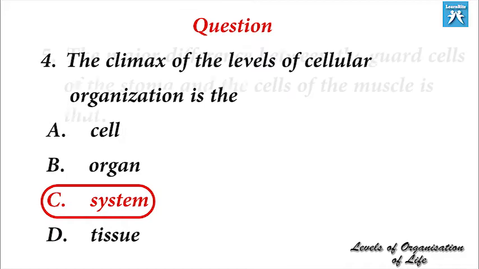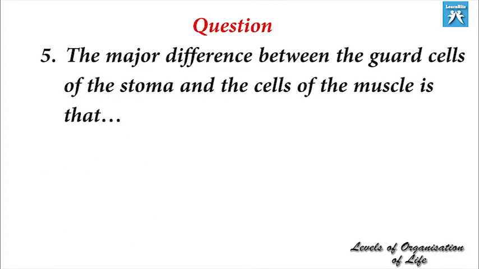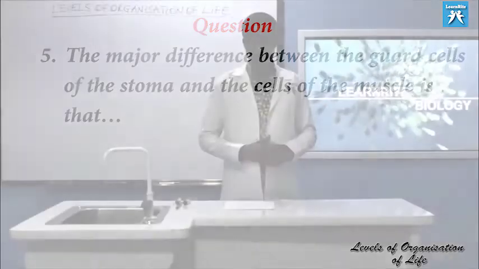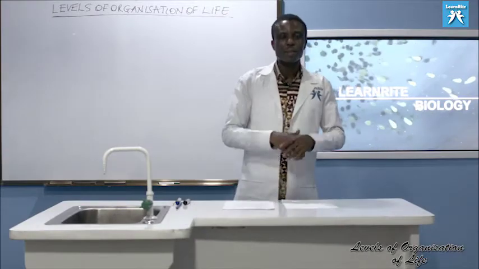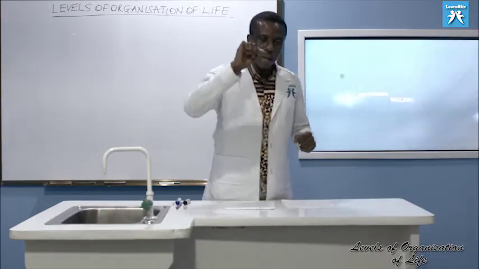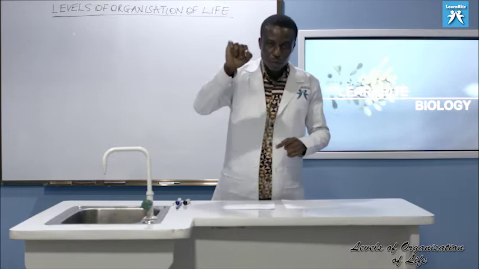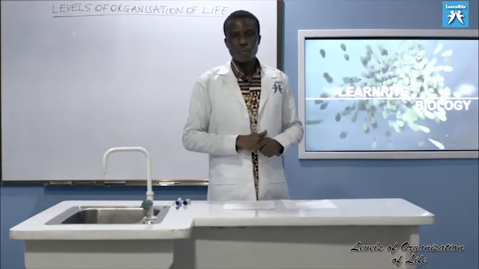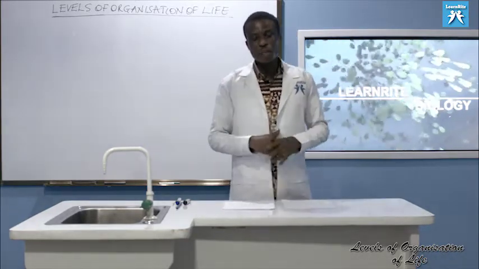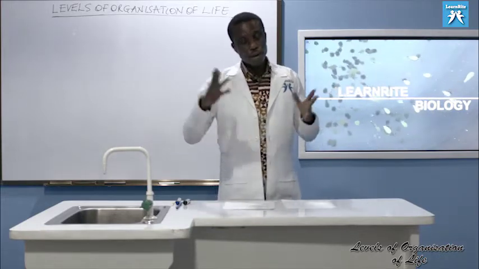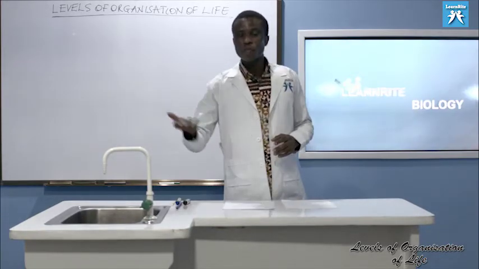Next one. The major difference between the guard cells of the stoma and the cells of the muscle is that guard cells of the stoma. Guard cell is a specialized epidermis cell that encloses the stoma, that pore in the epidermis of the leaf or green stem for the purpose of gaseous exchange.